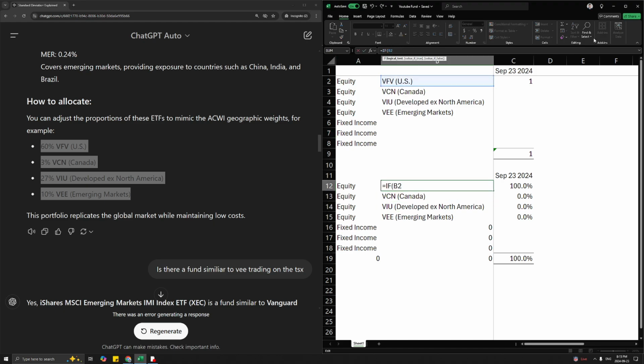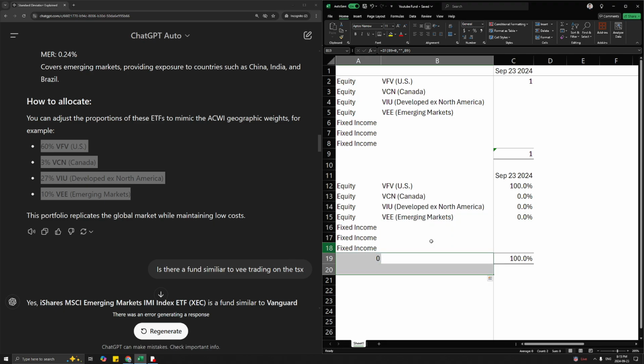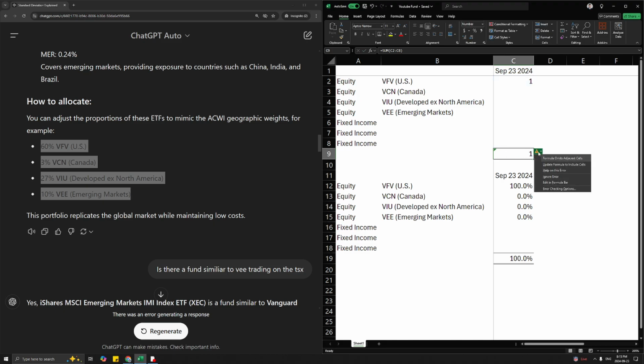If this equals 0, then otherwise, B2. And then let's just not include these. Shift cells up. Seeing a little bit of my Excel skills. Why is this having error? It's adjacent cell. I don't care.